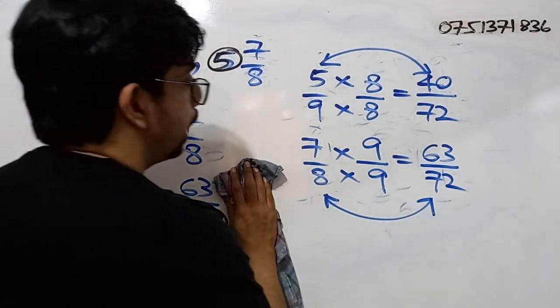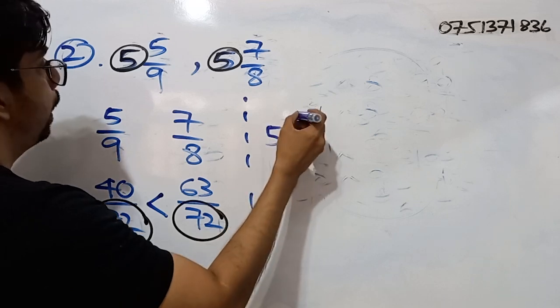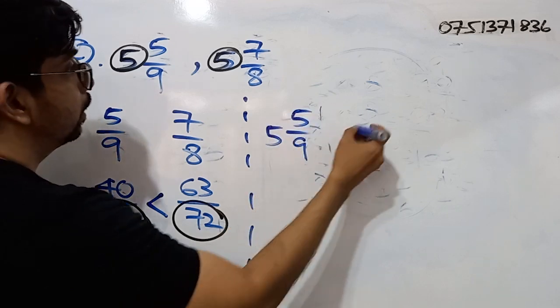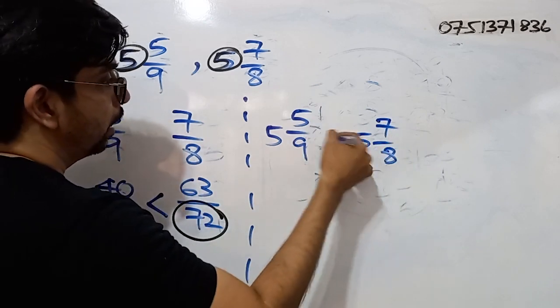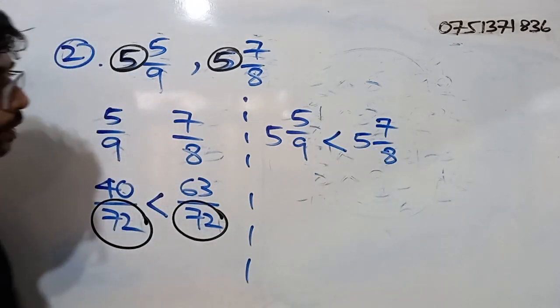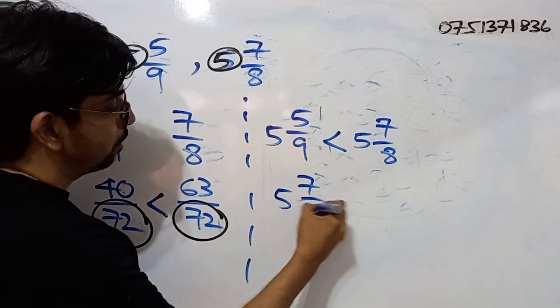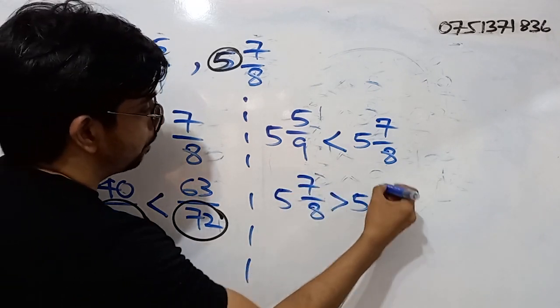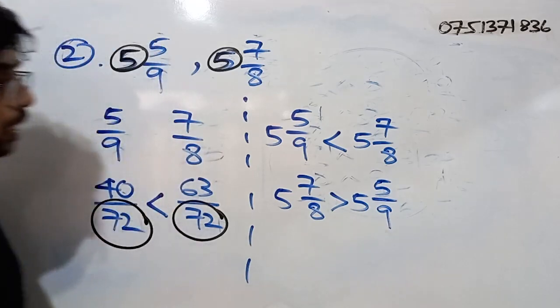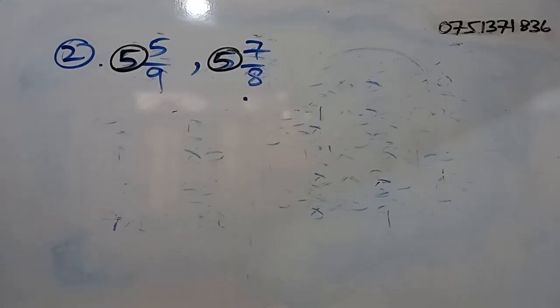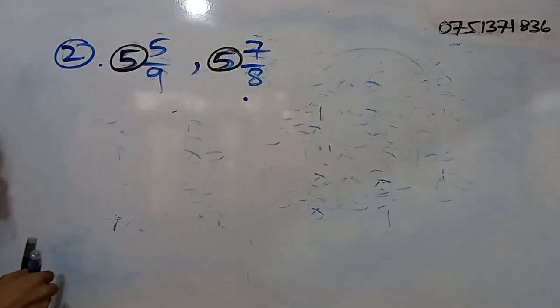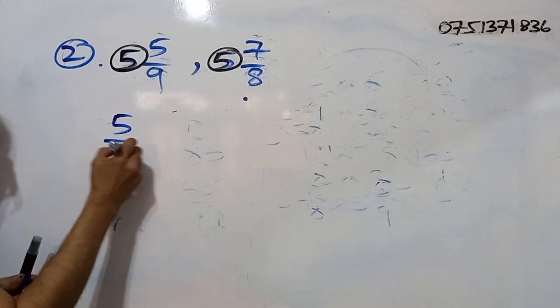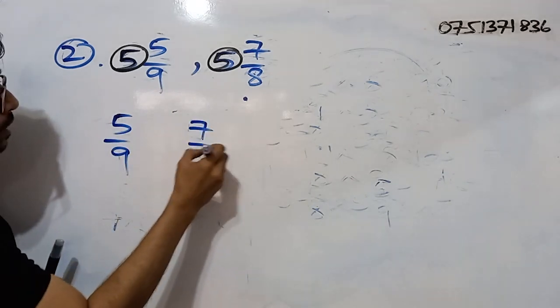So we have to write the answer. So 5 and 5 by 9, 5 and 7 by 8, that means this way. Or we can say 5 and 7 by 8 is larger than 5 and 5 by 9. Both are correct. Okay, if we think about the shorter method, both of the mixed numbers have the same whole number part. So we will take the two fractions.